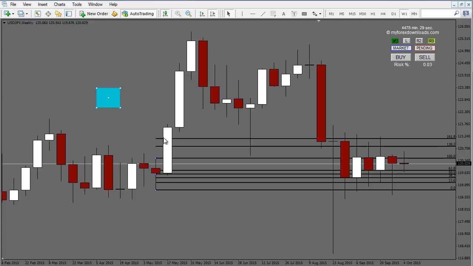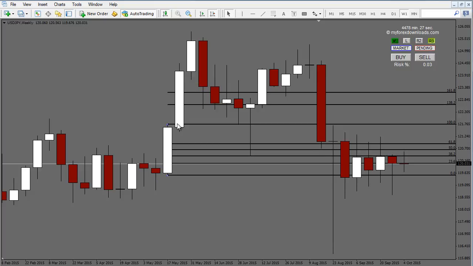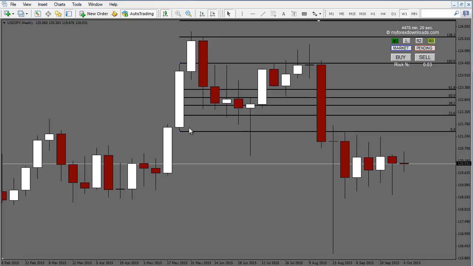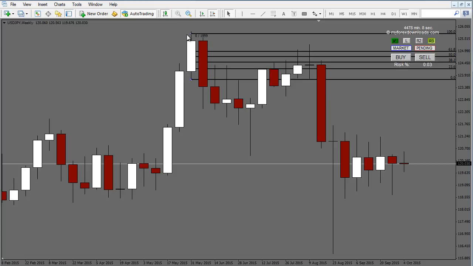Okay, price breaks and hits our target extensions, and let's just run through these here real quick. Price breaks the high, target extension hit, touches the 1.382 level and reverses. So we'll go to the next candle.